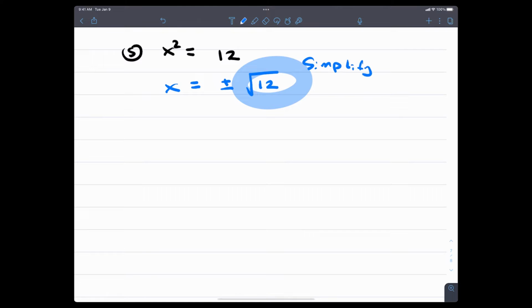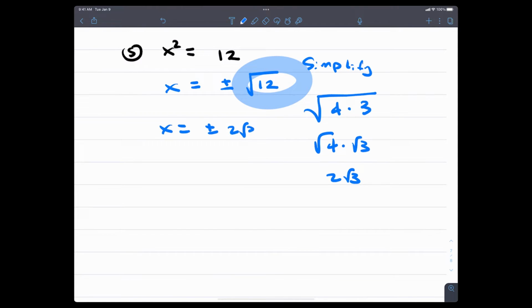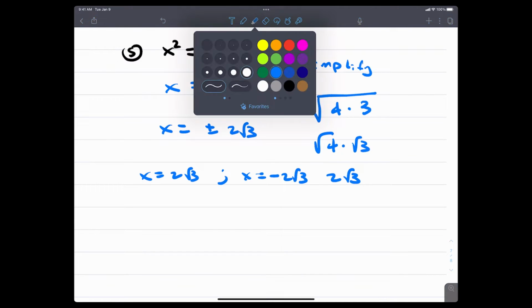Okay, what's the largest perfect square that goes into 12? 4. What's the quotient? 3. Okay, square root of 4, square root of 3. What is that? 2 square root of 3. So X will be plus or minus 2 square root of 3. There are two solutions. What are they? The positive and the negative. Okay, you guys okay with these?